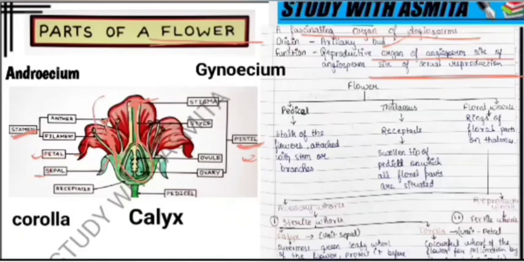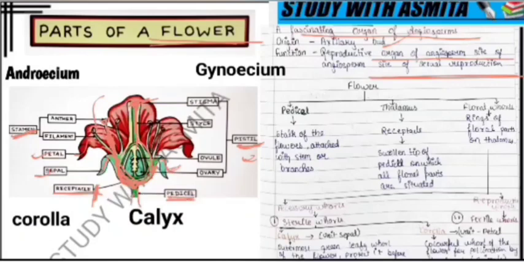The sepal is a green leaf-like structure which provides protection to the bud in its initial stage. The receptacle or thalamus is a swollen part of the flower. The pedicel is the part where the bud is joined to the stem or a branch.